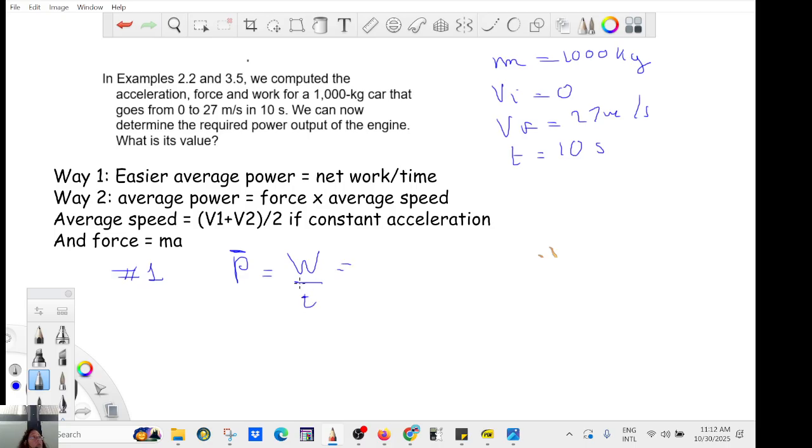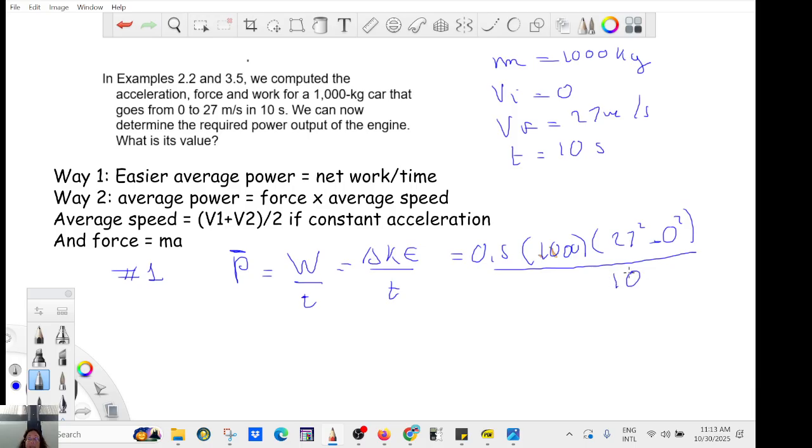And then I can use the work-energy theorem, that will be equal to the change in kinetic energy over the time. And that will be 0.5 times the mass, the final speed minus initial speed, over the time elapsed.